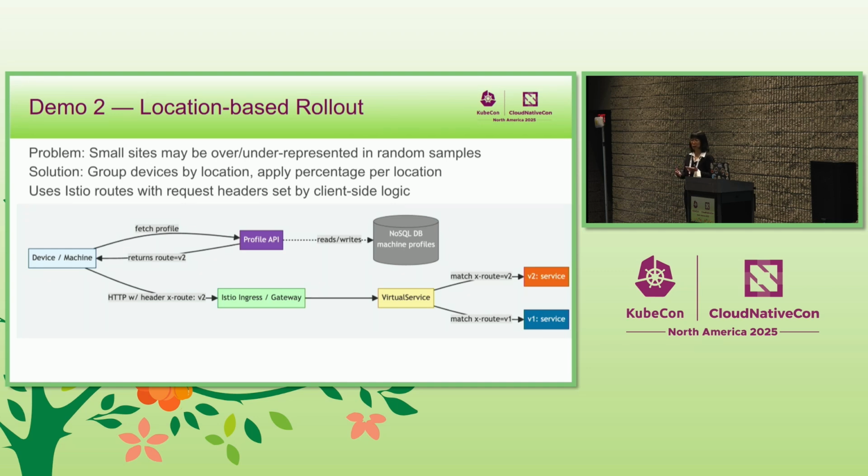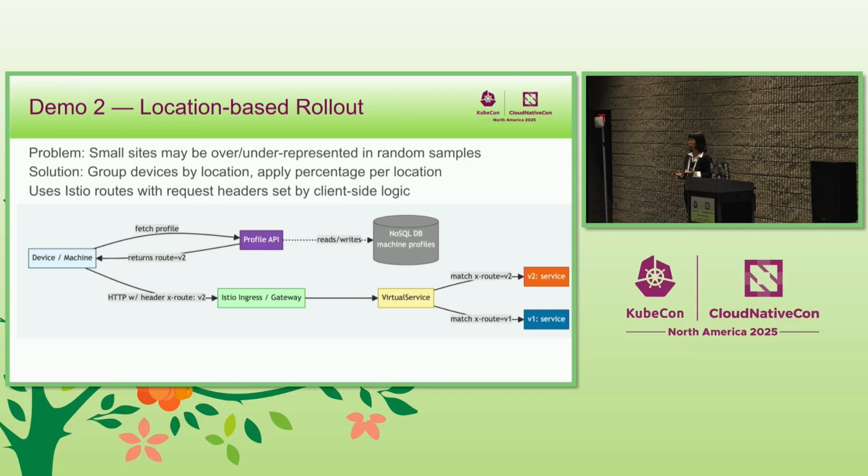And if the 2 fall into this 20%, because the weighted routing is purely random across thousands of kiosks, if they got picked, then that airport has 100% exposure.